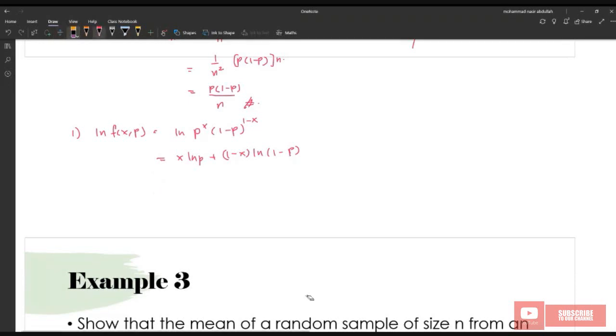So for the second step, we are going to differentiate ln f(x; p) with respect to p. So this one should be equal to x over p, right? I put the notation d/dp of x ln p plus 1 minus x, d with respect to p, of ln of 1 minus p.